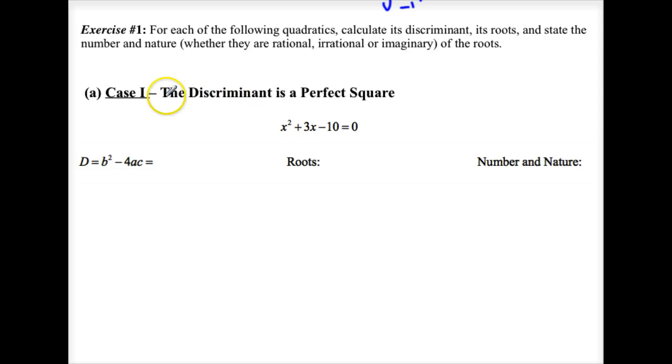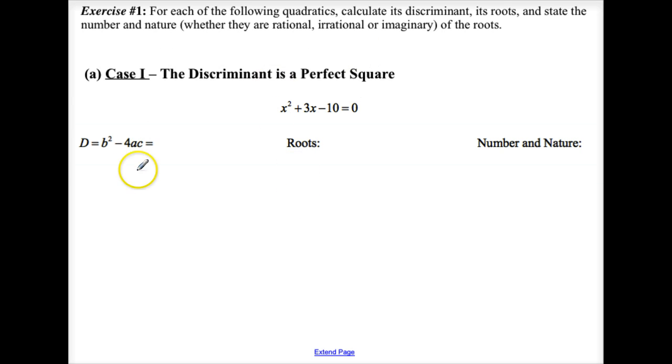Example 1. It says, for each of the following quadratics, calculate the discriminant, its roots, and state the number and nature, whether they're rational, irrational, or imaginary. So the first thing I want to do: as always, what do I need to do when I have a quadratic? I identify my a, my b, and my c. Again, these are coming from this quadratic.